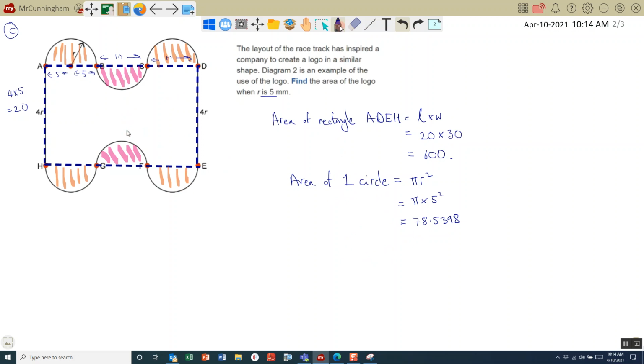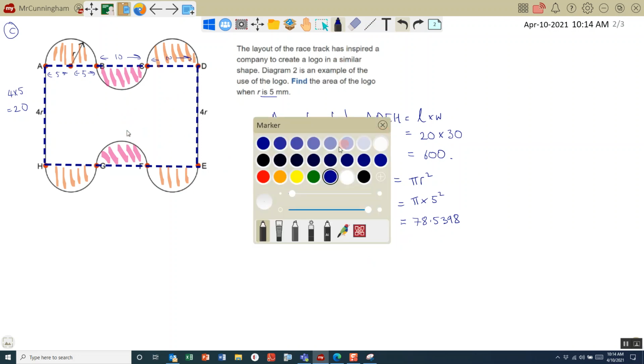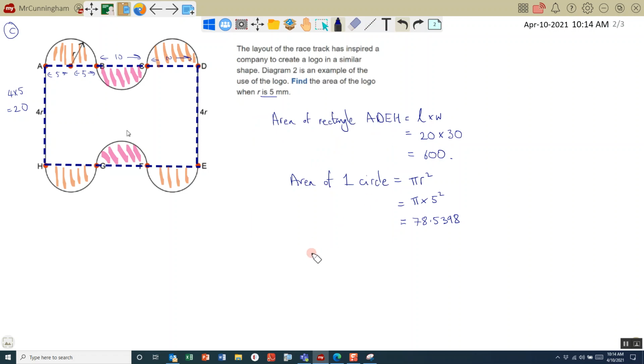So now I need to just, where's my pen? Area of the full rectangle, which is 600, and I'm adding on our 78.5398.